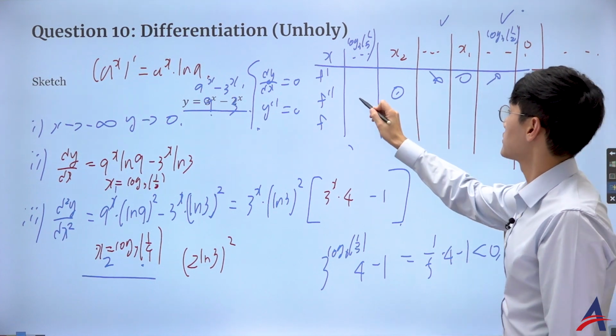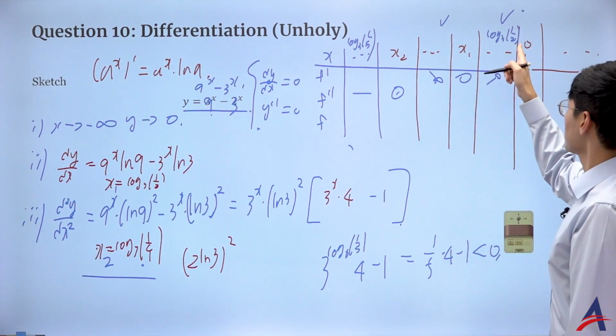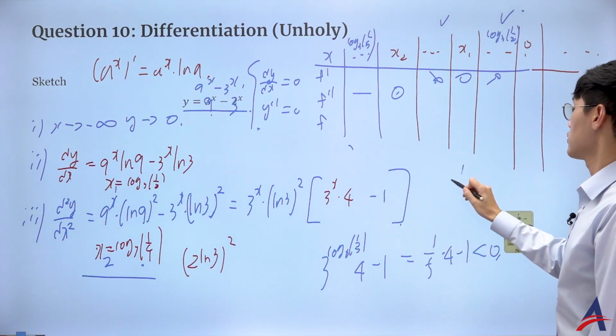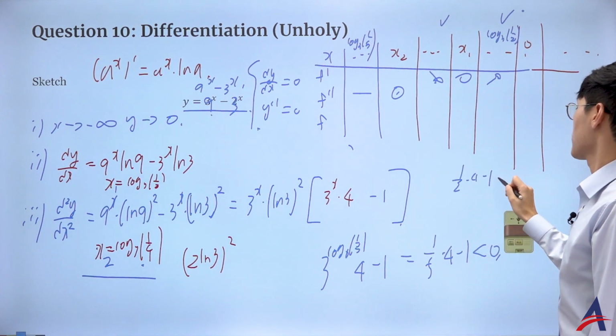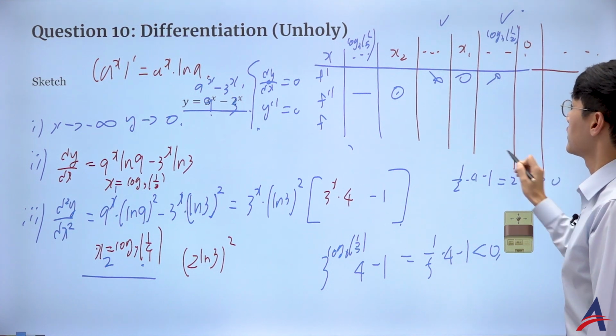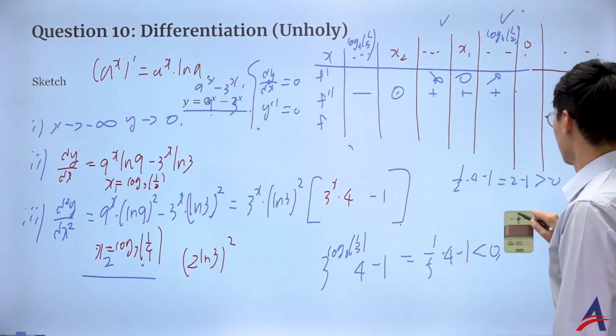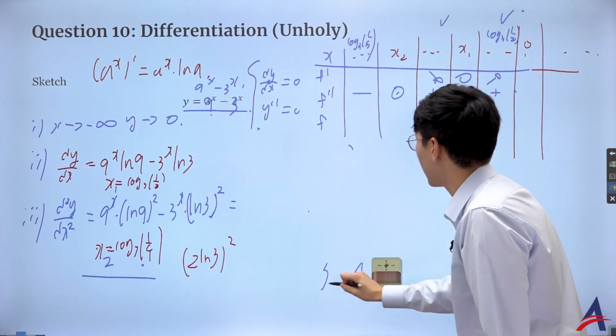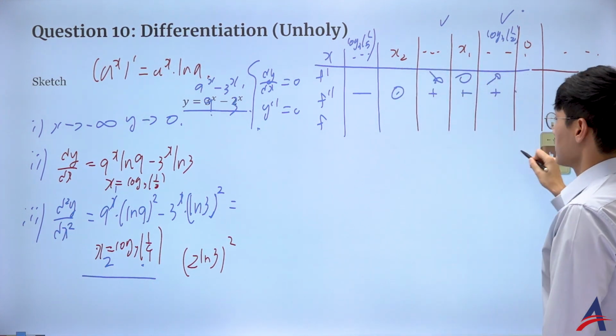So then I know it's going to be negative there. And if you put log base 3 of 1 over 2, that gives you 1 over 2 times 4 minus 1, which is 2 minus 1. That's positive. So it's going to be positive here. So now I got all the beautiful values for the signs of my first derivative and second derivative to perform the sketching.